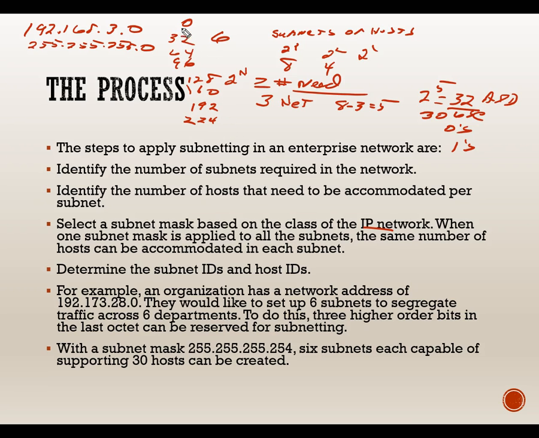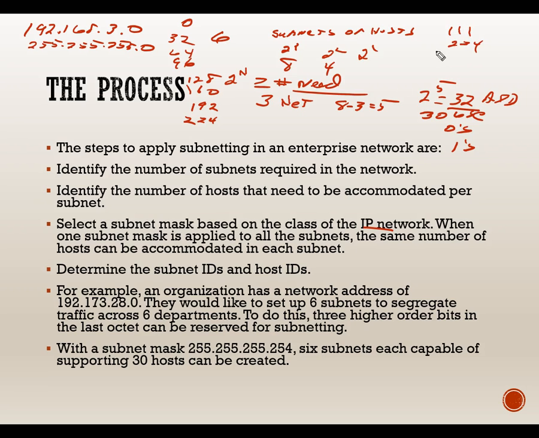So our network addresses in this case, with the increment, 5 bits left for the host, will be 0, 32, 64, 96, 128, and so on, for 192.168.3. And then for the subnet mask, we could either add up the first three bits, 128, 64, 32, to get 224.